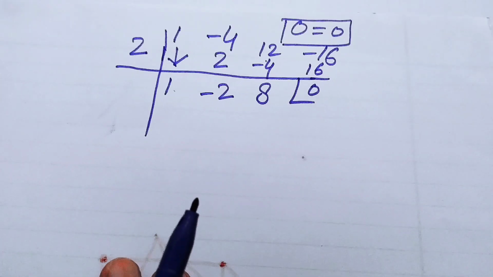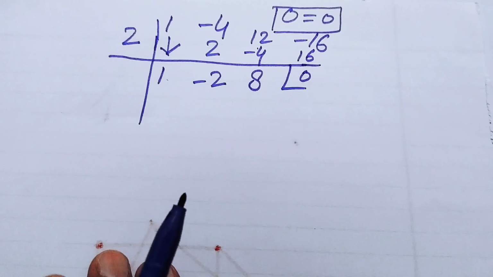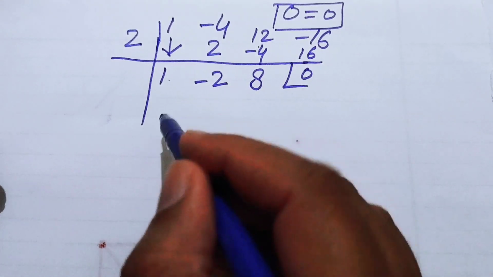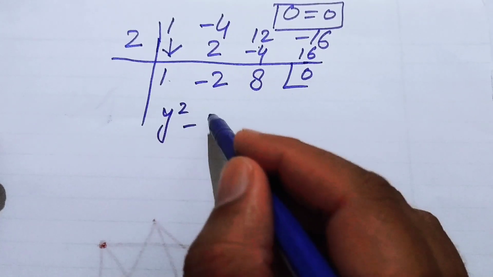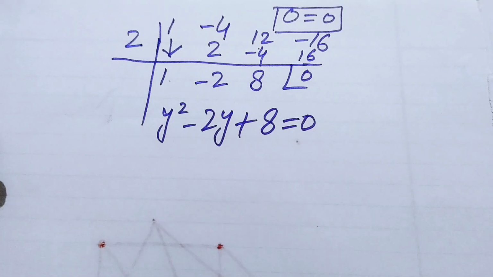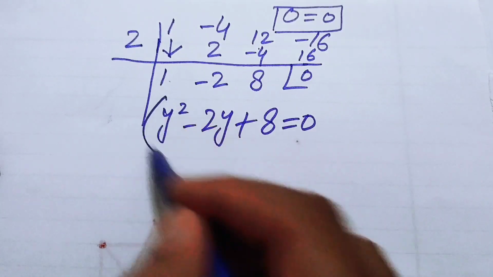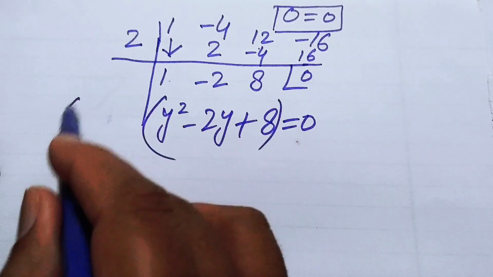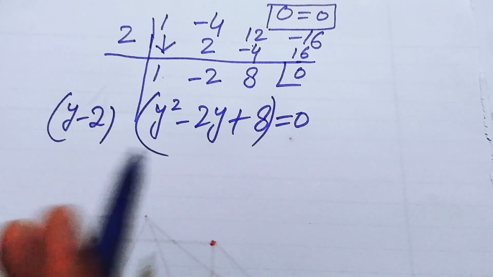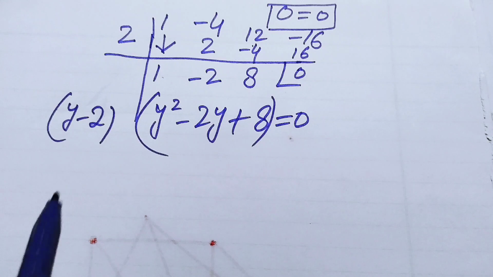Now I can write the depressed equation. The depressed equation will be written as y squared minus 2y plus 8 equals 0. Because y minus 2 is a factor of this equation, we have these two factors of the given cubic equation.